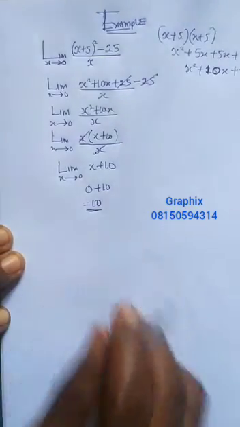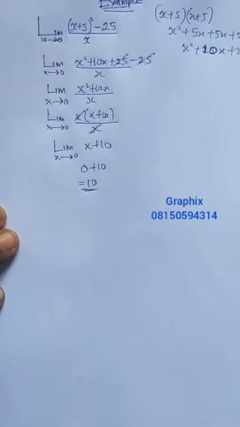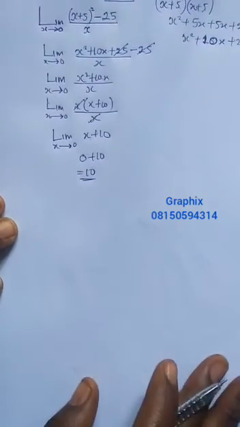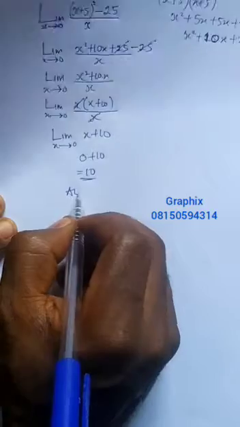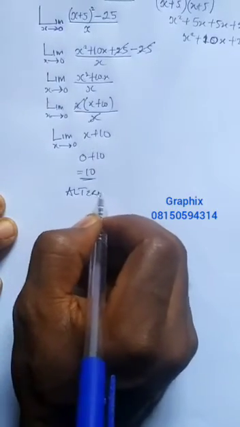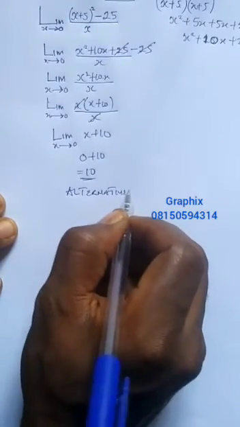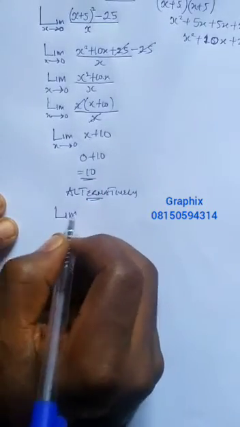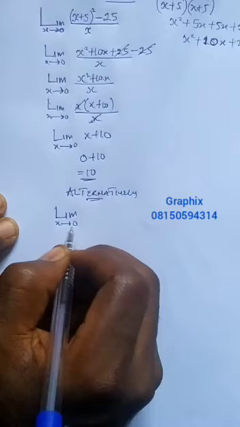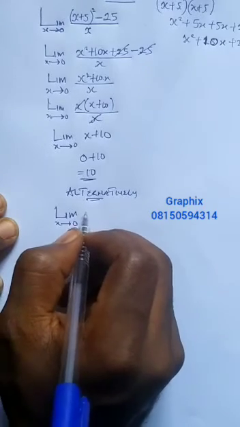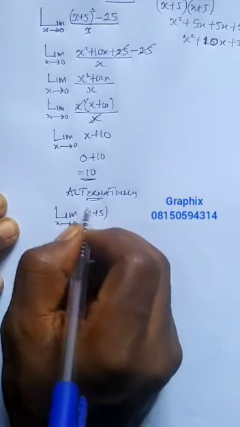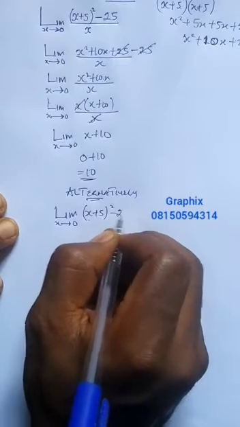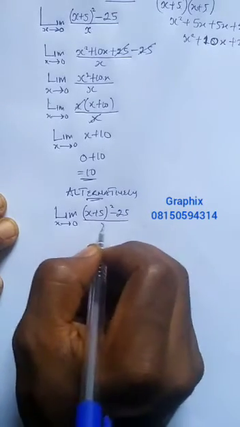But alternatively, we can easily say, since we have the limit as x tends to 0 of (x + 5) all squared minus 25 all over x.